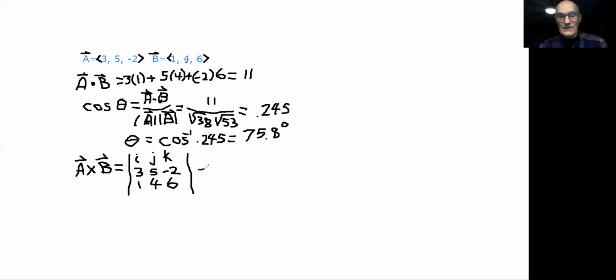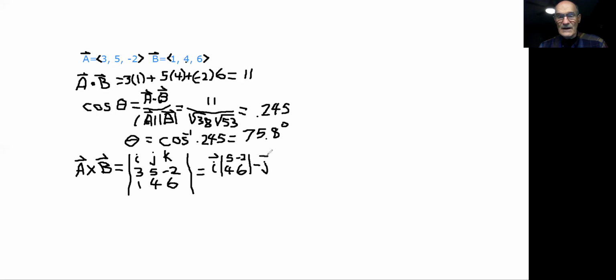Now, remember when I do this, I get my i vector, and I multiply that by the determinant of the minor. Remember, the minor is what I get when I cross off the row and column. So in this case, the minor of i is 5, -2 and 4, 6. And then the checkerboard pattern, I put a minus with my j.